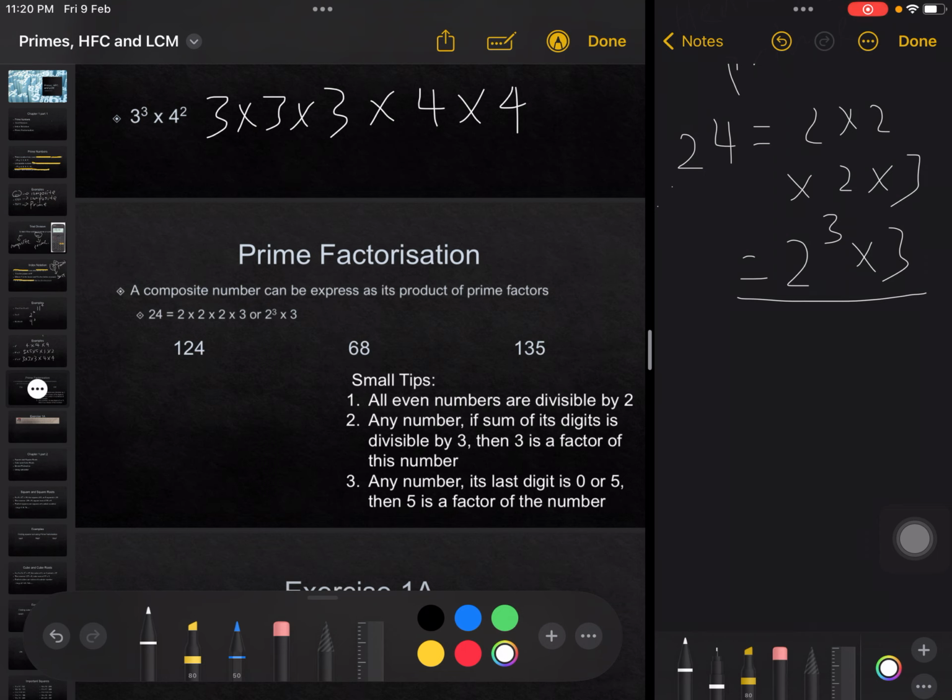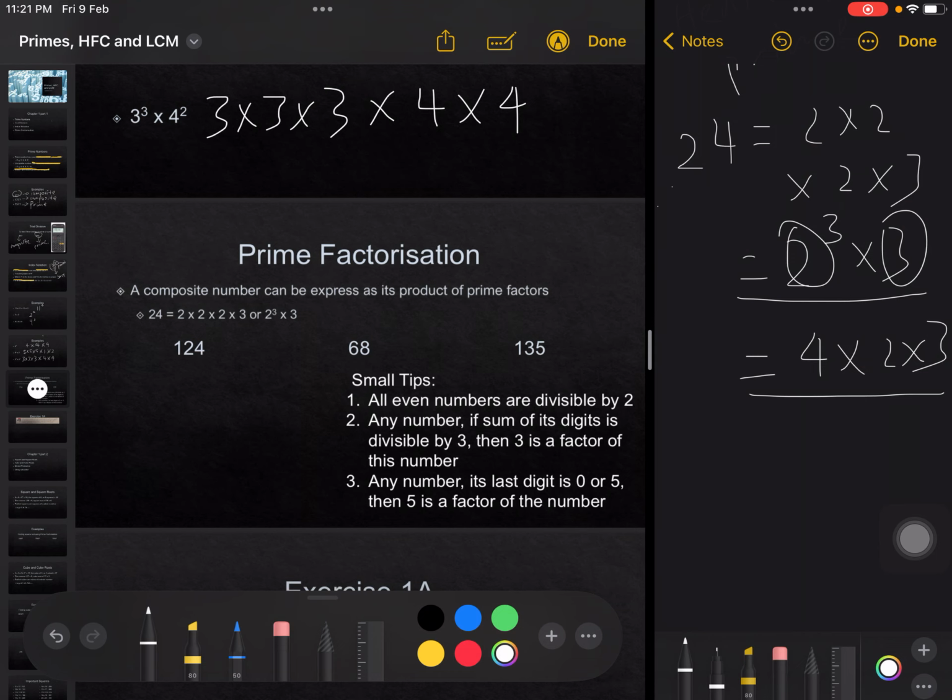So do remember, when we do prime factorization, what's the key? The key is the factors must be prime numbers. Can we write it as 4 times 2 times 3? Although it gives the same number, this is not prime factorization.